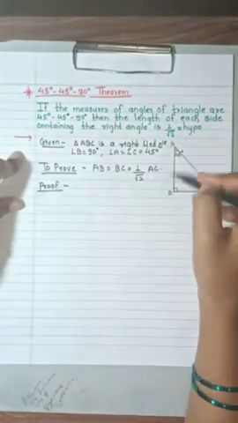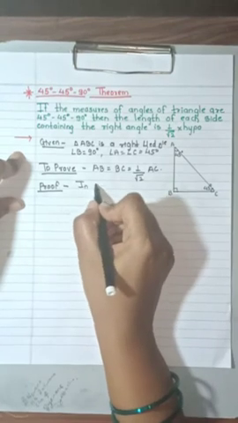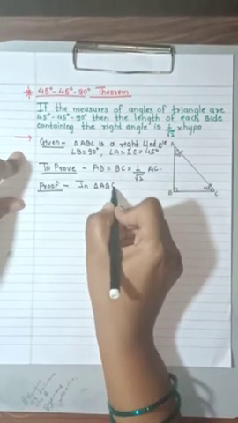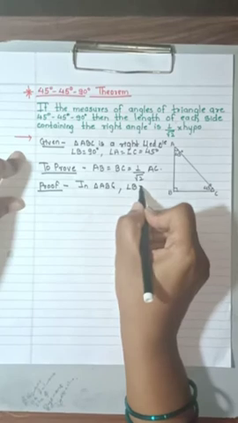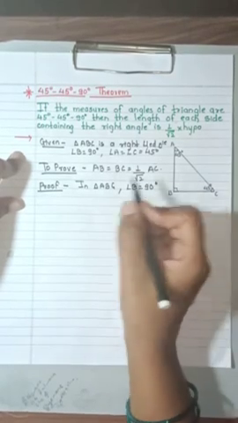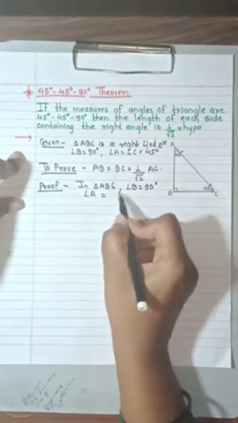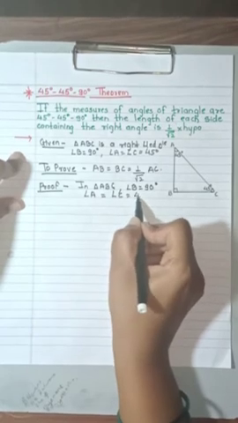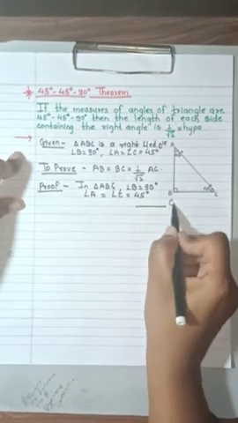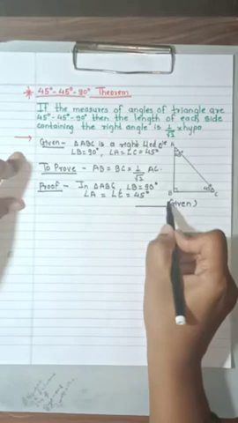So in triangle ABC, angle B is 90 degree. This is given to you all. Angle A is equal to angle C is equal to 45 degree. Write down here given.